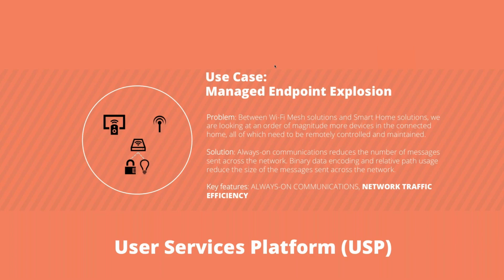And then we also have binary data encoding and relative path usage, which help to reduce the size of the messages that we're sending across the network. From a binary data perspective, we're looking at a smaller data footprint than, say, a SOAP XML footprint. That reduces the size there. But in USP, we also utilize what we call relative path usage.